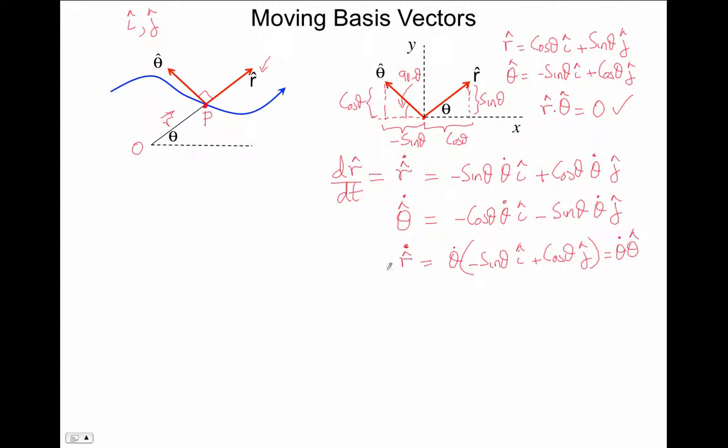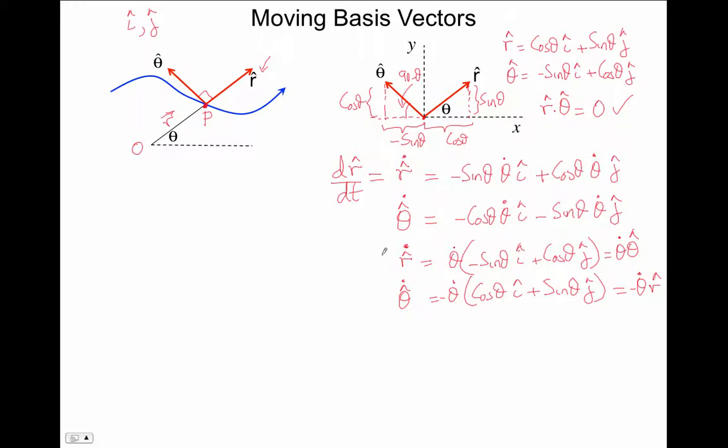So the rate of change of the unit vector r is this. Similarly, let's take theta dot out over here, and here we shall find that there's cosine theta i plus sine theta j, which is, of course, minus theta dot r hat.